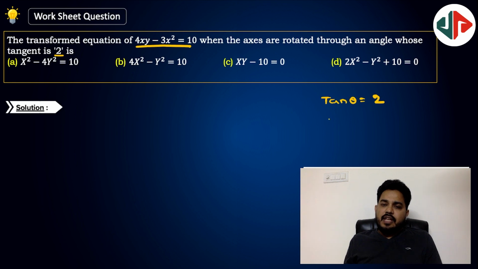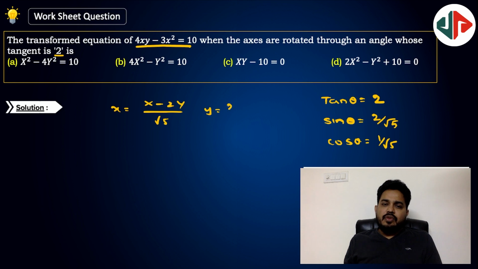So that means sin theta is equal to 2 by root 5 and cos theta is equal to 1 by root 5. So small x is equal to x minus 2y by root 5. Small y is equal to 2x plus y by root 5.